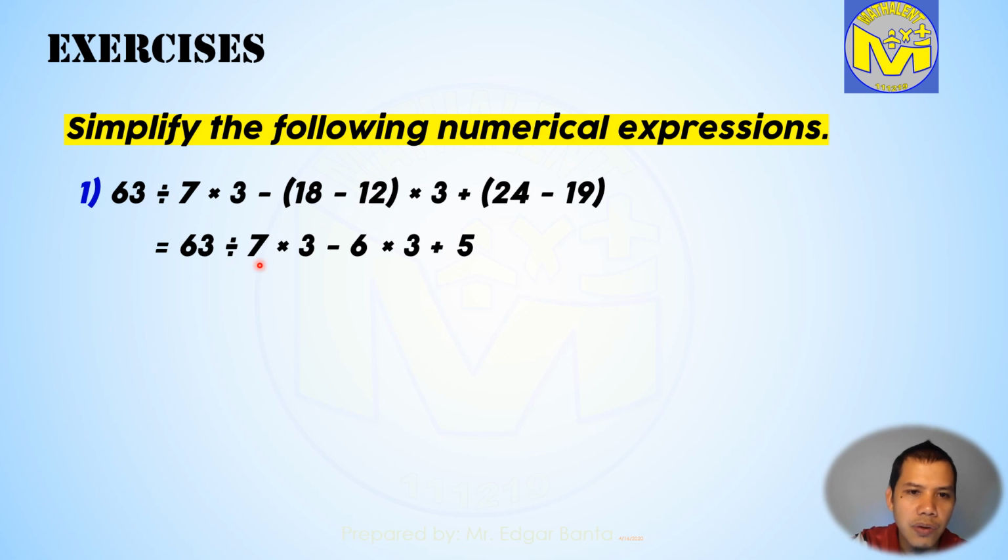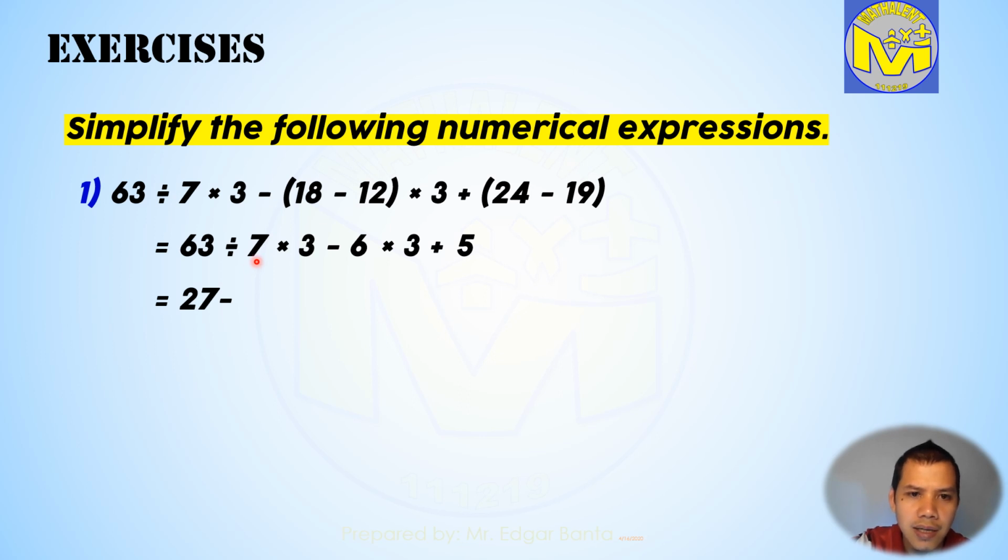Here we can do left to right. Divide first and then multiply. So 63 divided by 7 times 3. How many? All right, 63 divided by 7 is equal to how many? 9, right? 63 divided by 7 is 9.